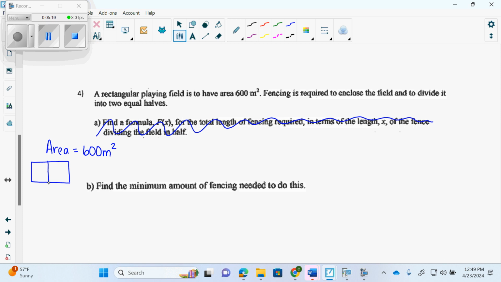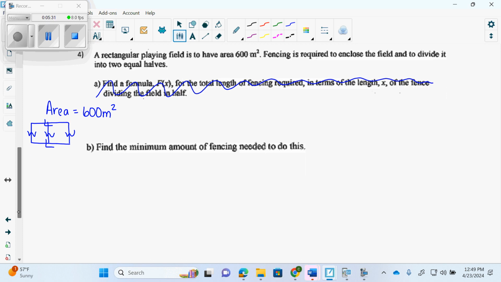So what does this make? A length, and a length, and a width, and a width, and a width.